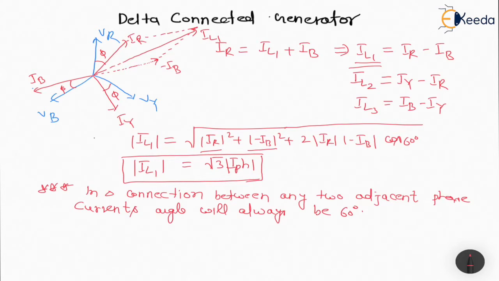You can see in the diagram the angle difference between IR and minus IB is how much? This is 60 degree. Okay, so keep this always in your mind.